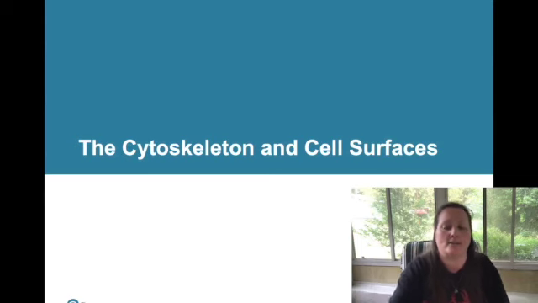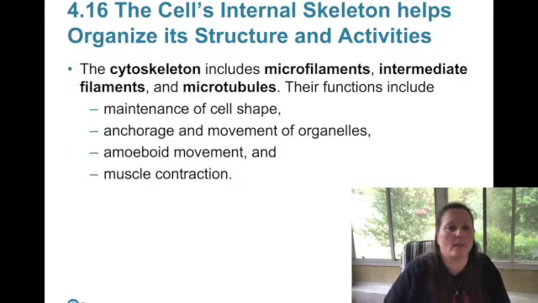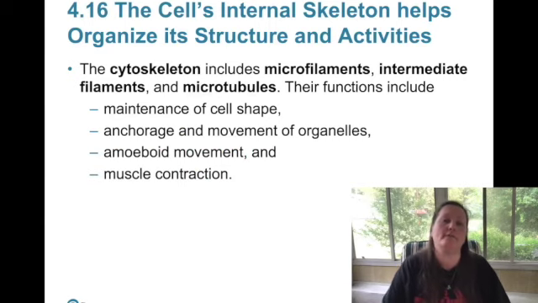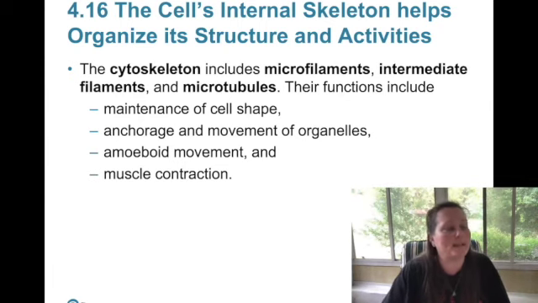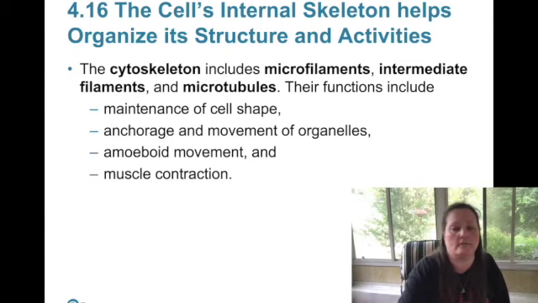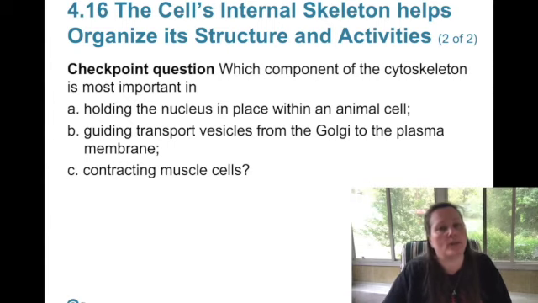Cytoskeleton and cell structure. The cytoskeleton includes the microfilaments, the intermediate filaments, and the microtubules. Functions include maintenance of cell shape, anchorage and movement of organelles, amoeboid movement, and muscle contraction. Checkpoint question.